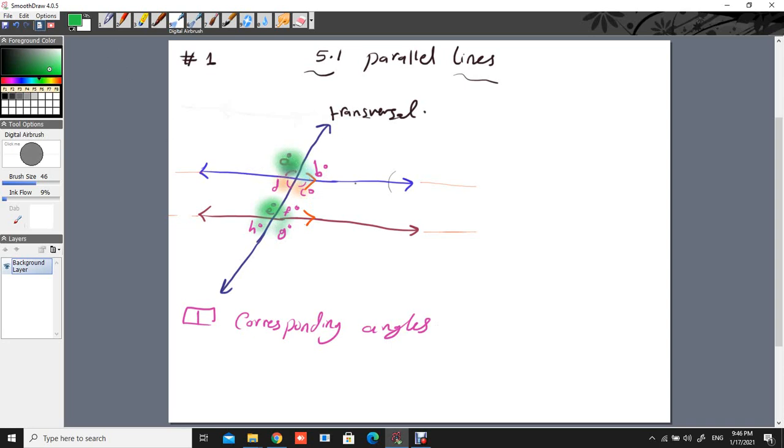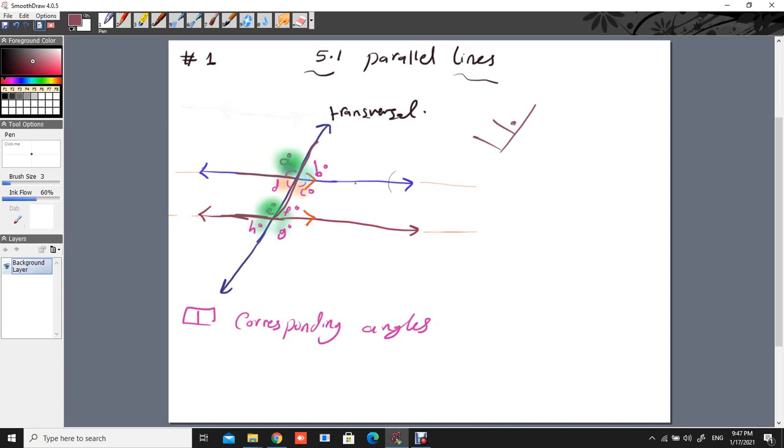If you look carefully, you can see a letter F. You can see this side with this side and the other side, it's like an F, but upside down.